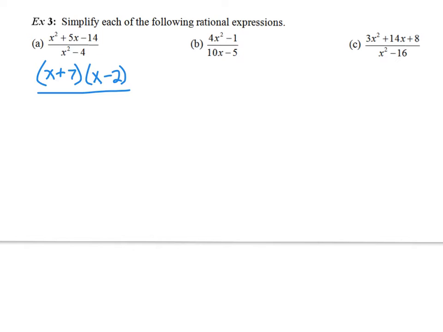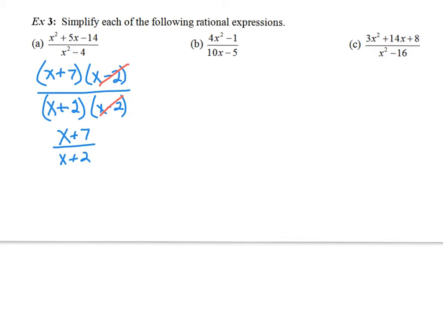The denominator is the difference of 2 perfect squares, so I'm going to factor that into x plus 2 times x minus 2. I do have like factors. x minus 2 cancels with x minus 2, and I'm left with x plus 7 over x plus 2.